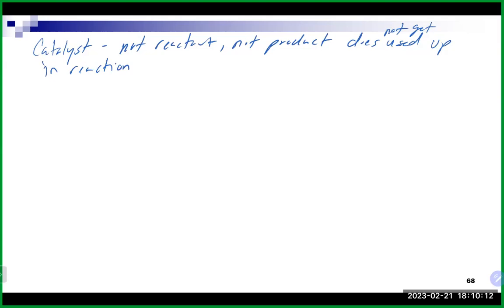There are negative catalysts that actually slow down a reaction, but most of the time, a catalyst is there to speed up a reaction. A lot of times you can find catalysts on top of the arrows, and in a lot of cases, if you add a catalyst, there will actually be no change. It will get to equilibrium quicker, but no change will occur. So that's one very common way that you can get no change.